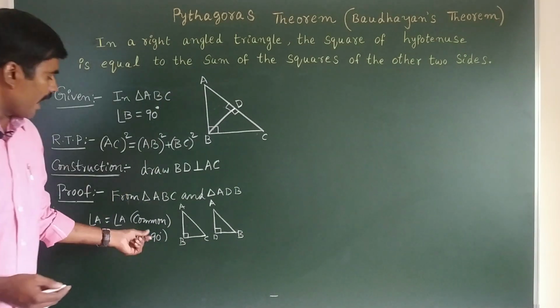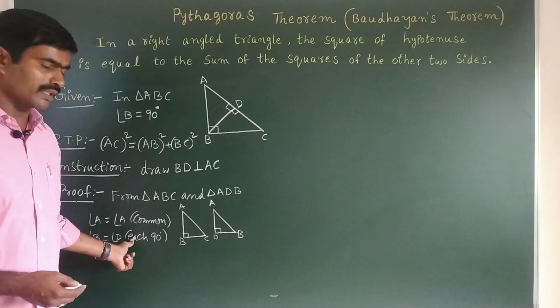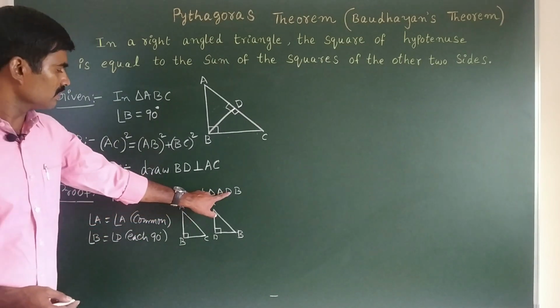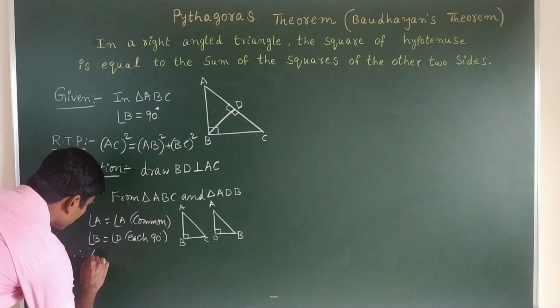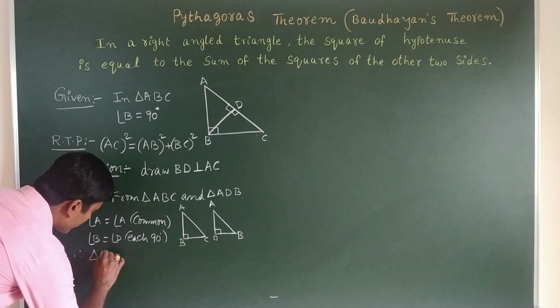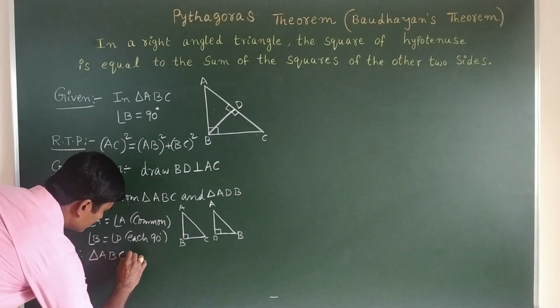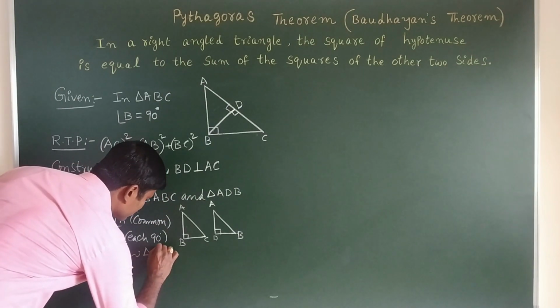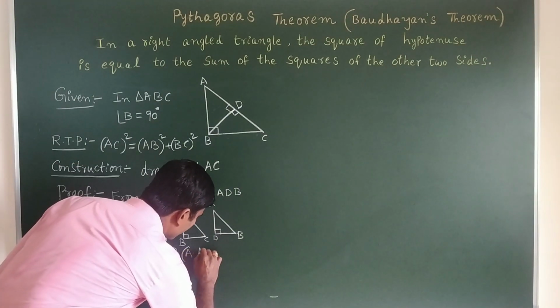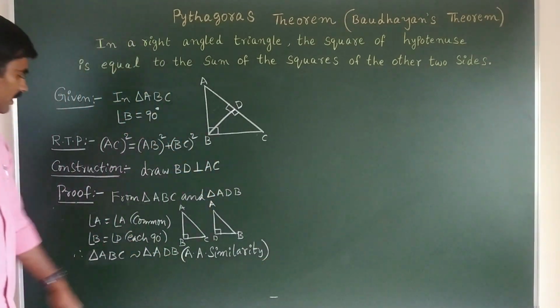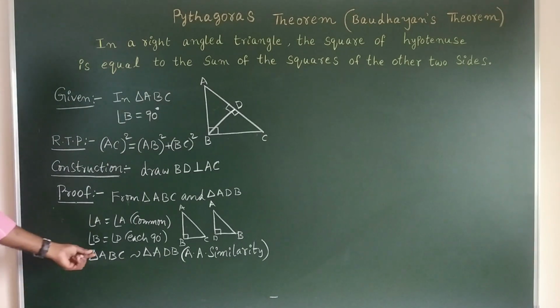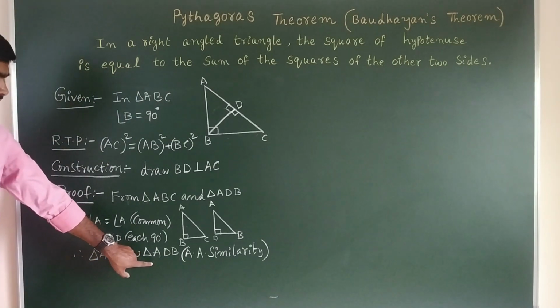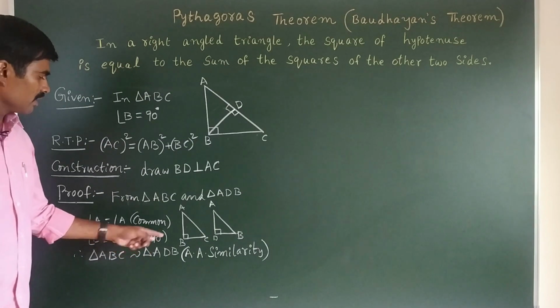By angle similarity, these two triangles are similar. Therefore, triangle ABC is similar to triangle ADB by AA similarity. If two triangles are similar, then the corresponding sides are in the same ratio.